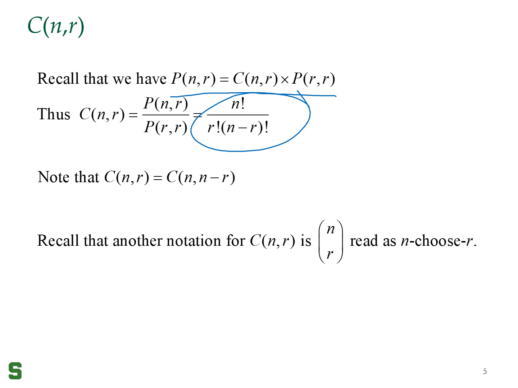An observation from here is C of n comma r is the same as C of n comma n minus r. And this is expected because when we select a group of r objects, we're also selecting a group of n minus r objects, which is whatever is left. So there are a certain number of ways we could select r objects. We can select n minus r objects in exactly the same number of ways.